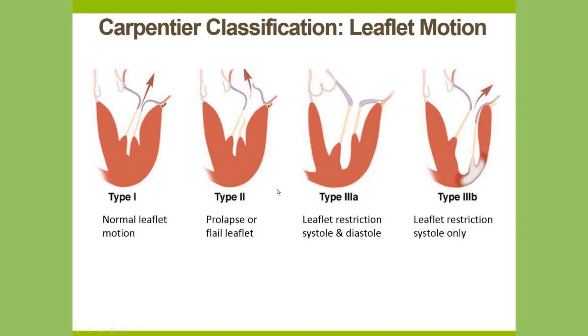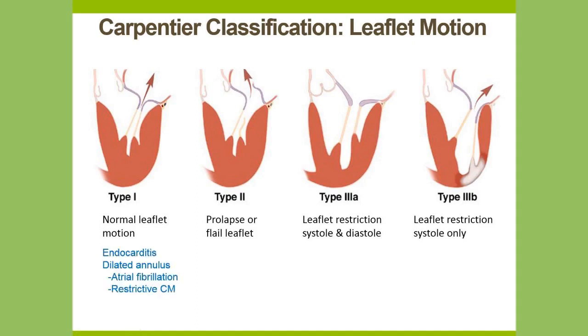And in thinking about how to repair a mitral valve, Dr. Carpentier came up with this classification. So again, type 1, the leaflet motion is normal. Type 2, prolapse or flail. Type 3A, they're restricted in systole and diastole. And type 3B, the leaflets open well in diastole, but they can't close in systole, so they're restricted.